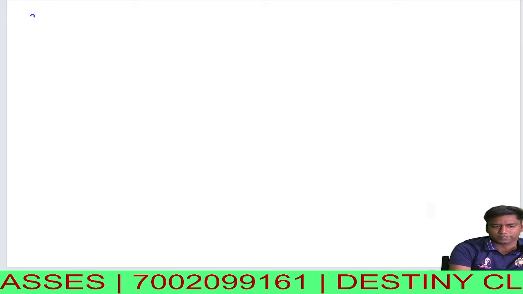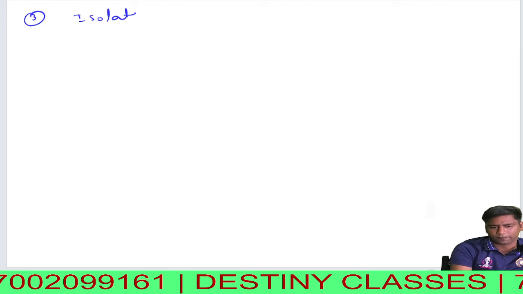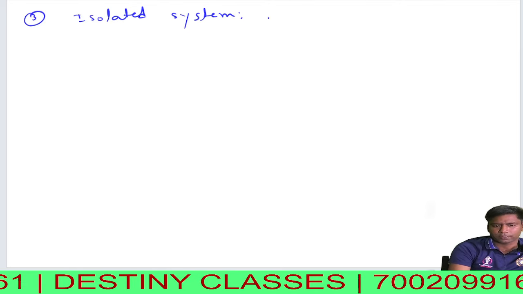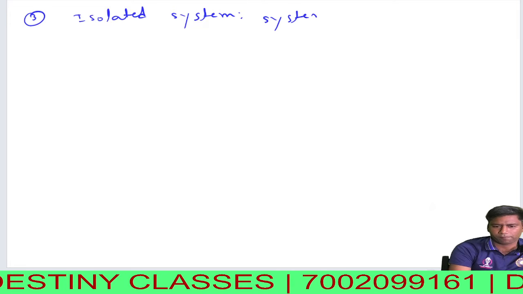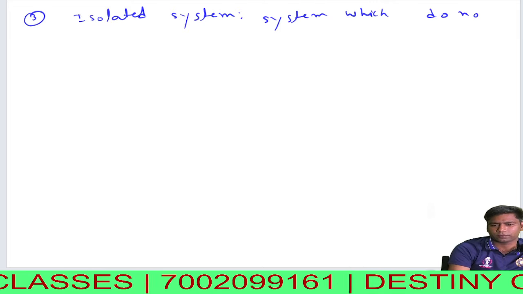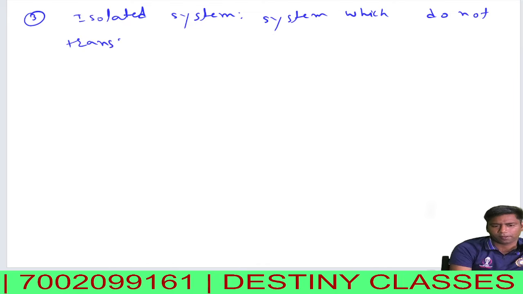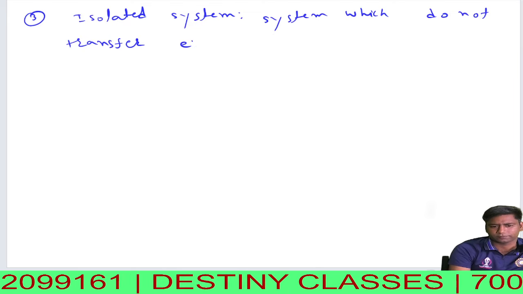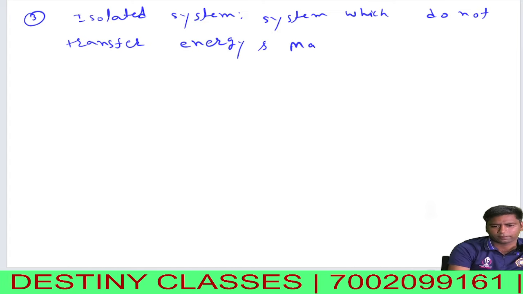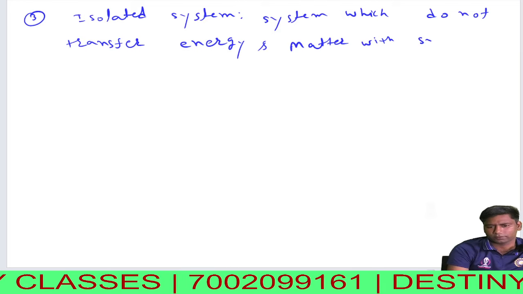We have the third system. It is called the isolated system. A system which does not transfer energy and matter with the surrounding.